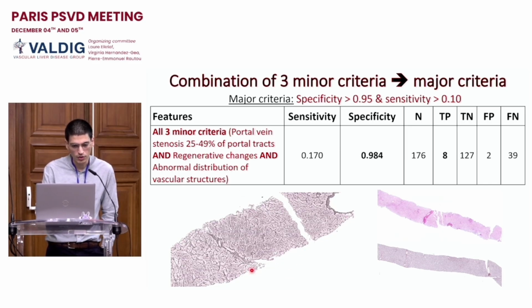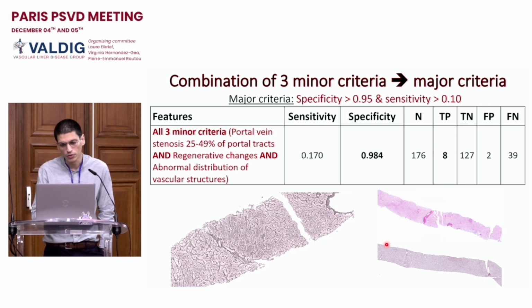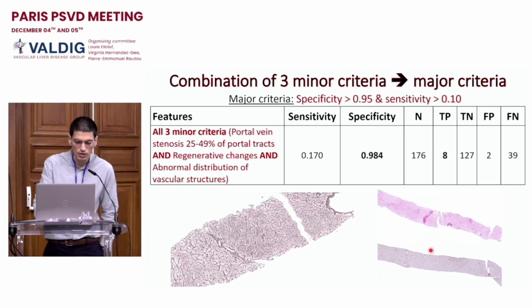On the left, you have an example of regenerative changes where it's not enough to retain the NRH diagnosis, without atrophy on the frontier of the nodule. And the abnormal distribution of vascular structures: here you have an example where you have several central veins, but no portal tract.